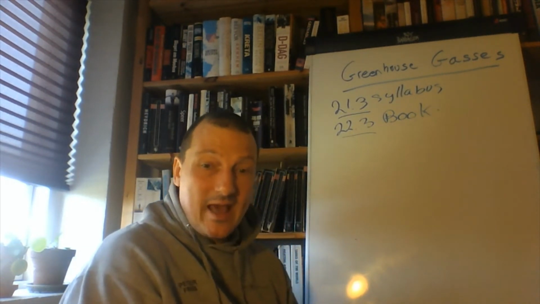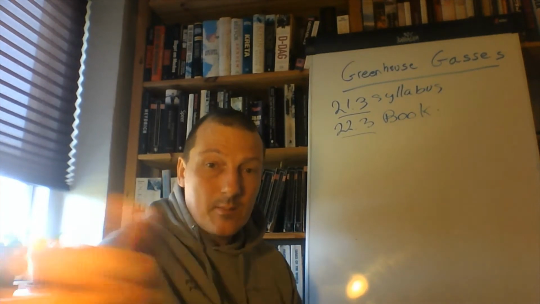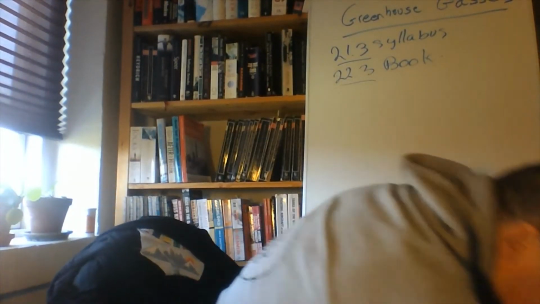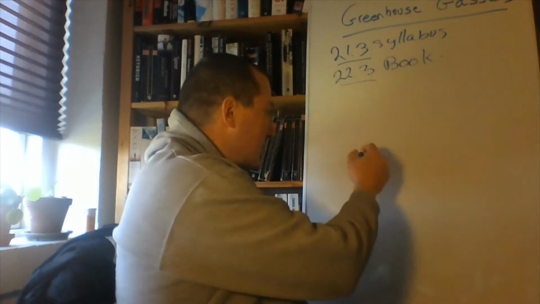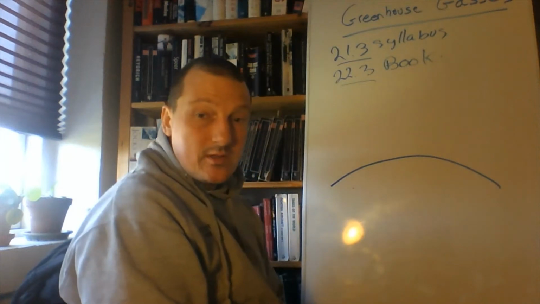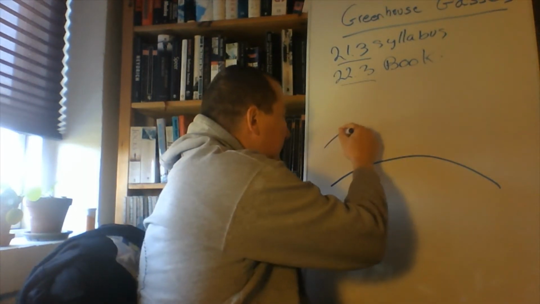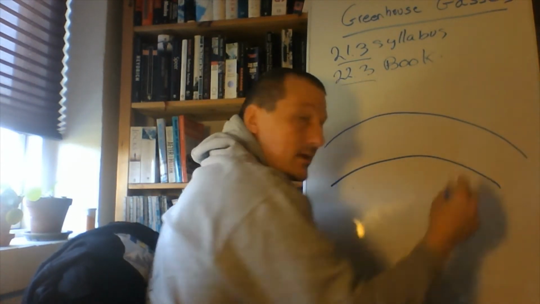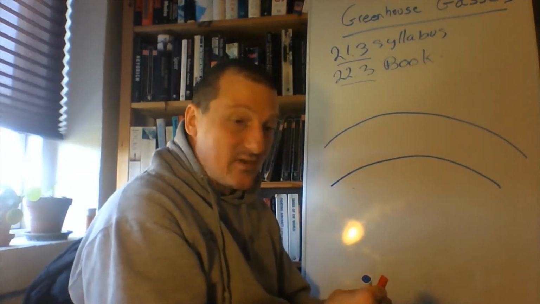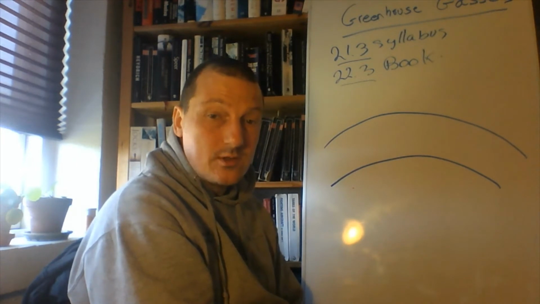CO2 is a gas in the atmosphere, and among other gases, they work as greenhouse gases. And greenhouse gases work this way, that we have, like, this is supposed to be the Earth, and here we have the atmosphere. Again, be aware that this drawing is way out of scale. The atmosphere is actually quite thin compared to the Earth.